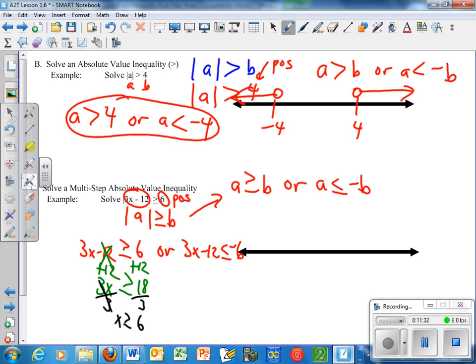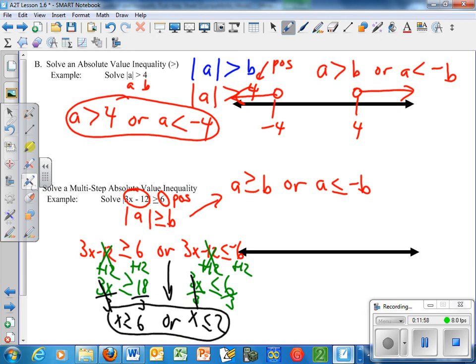Now I have to do a similar thing over here. So we're going to add 12. We've got to solve this part of the OR statement. So 3x, that's gone, less than or equal to negative 6 plus 12 is 6. And we're going to divide by 3. Okay, so 3's cancel. Or, carry down the OR, and please write it with an OR. X is less than or equal to 2.